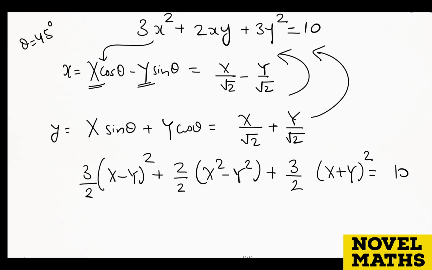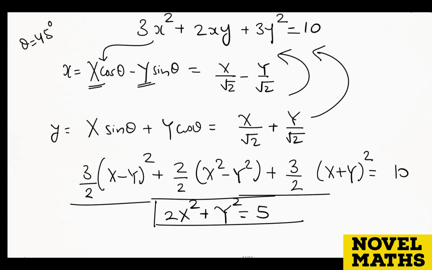If you solve this, finally you will get 2X square plus Y square is 5. I'm just skipping these steps in between. You can solve it. The answer is 2X square plus Y square equals 5.